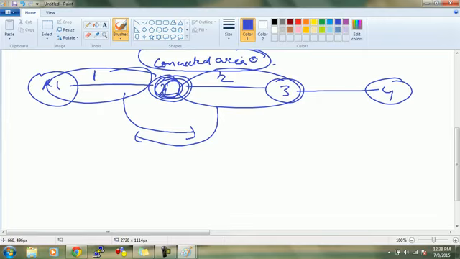Now there is a question in your mind: why is this the condition? Why can't this router give information of area 1 into area 2 directly? Will there be any problem? Okay. Let me assume a case that this router is able to give information of area 2 into area 1, and area 1 into area 2.